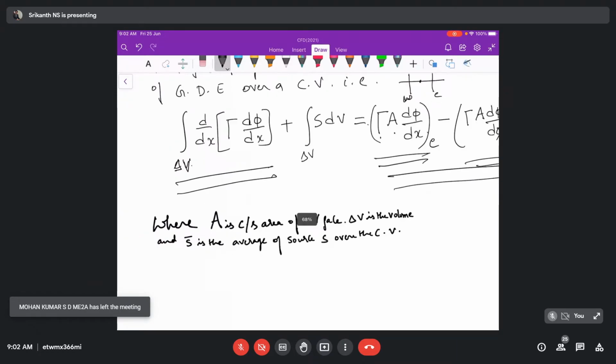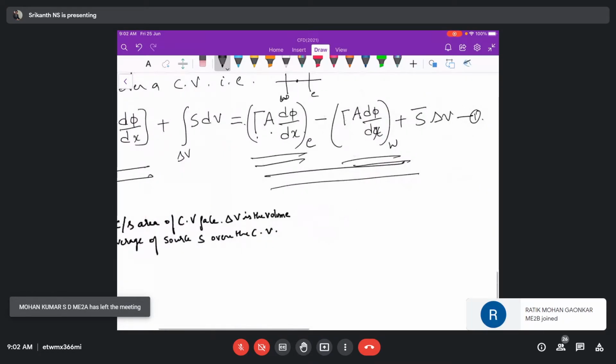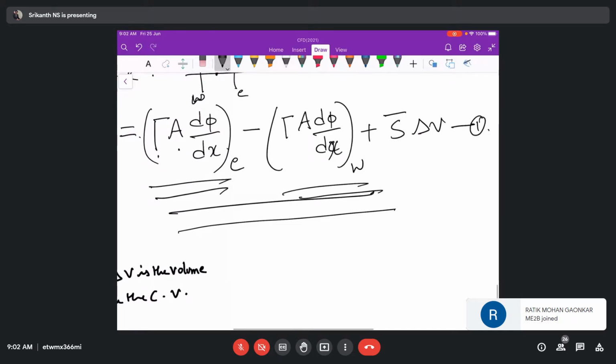Now please understand this. Why people prefer the finite volume method is, please observe this equation. So we have discretized it, but even after discretization, it has some physics in it. Please see this equation 1. Gamma A d phi by dx at the east face minus gamma A d phi by dx at the west.